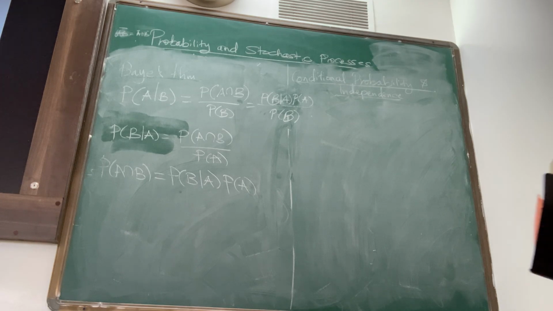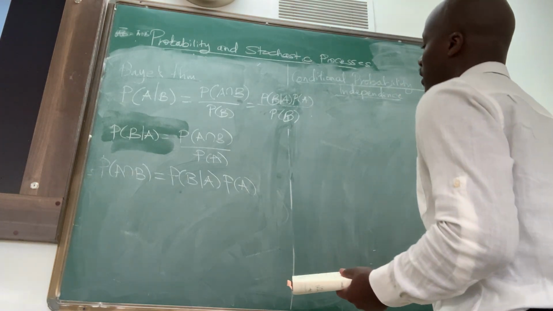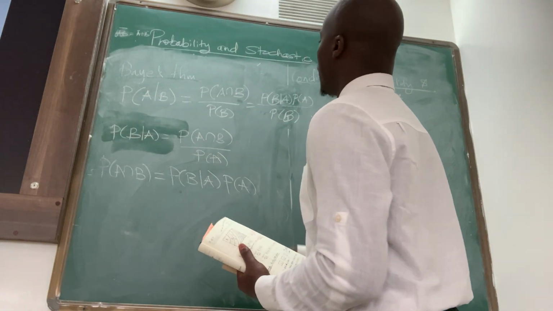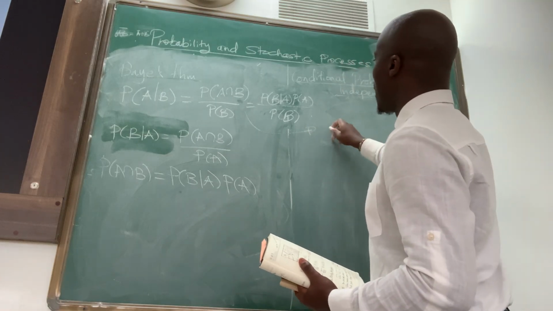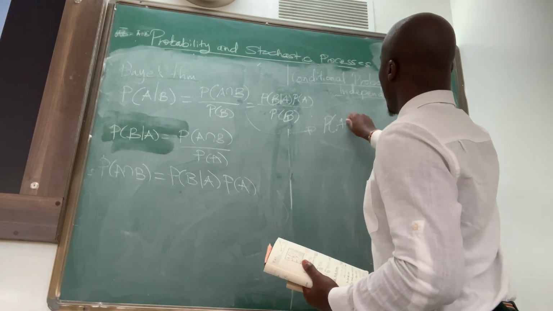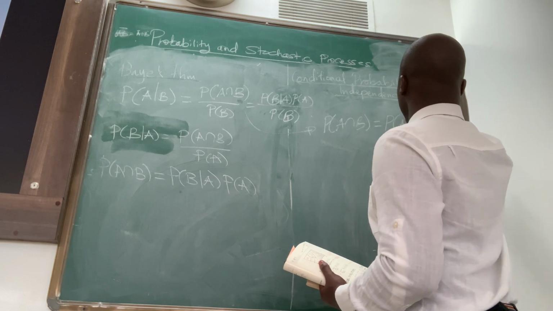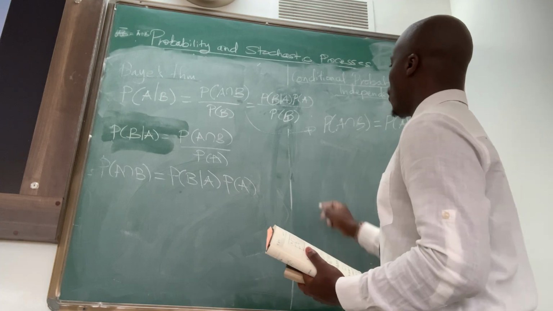Now also from this theorem, if you looked carefully, this one here could be written as what? Probability of A intersection B is equal to probability of A given B times probability of B. What does that imply?